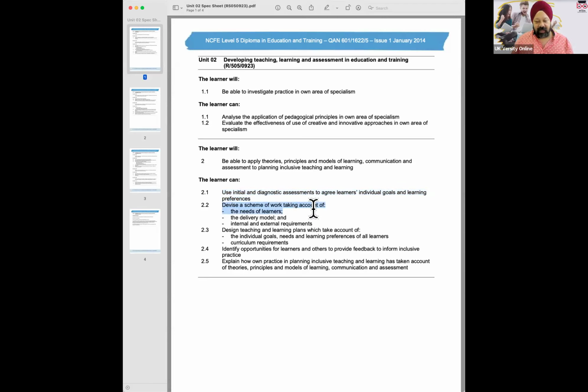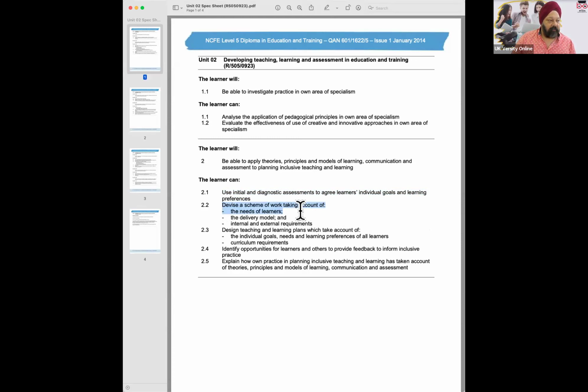The second one is devise a scheme of work. So there's a template that we have, and obviously for the area that you're teaching in, which is the SEM and or PHSSC, which you mentioned, what you need to be able to do is essentially use one of your sessions or units' scheme of work, and that would essentially be a proof which will be attached as evidence in the appendix.